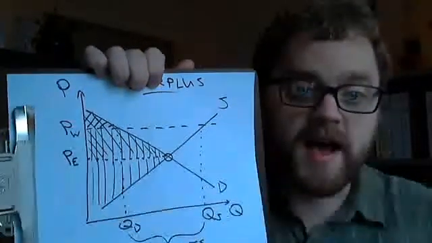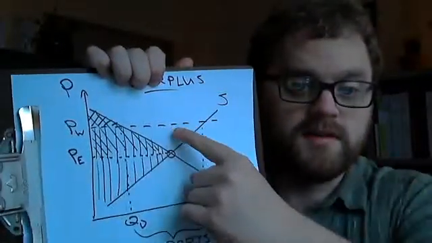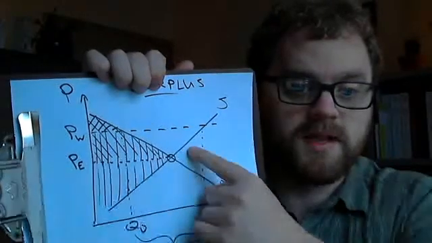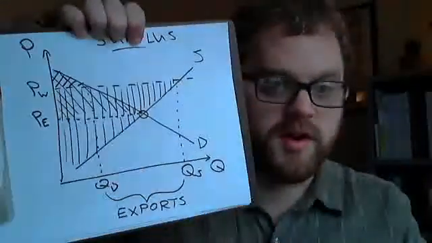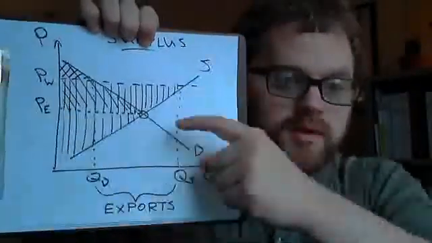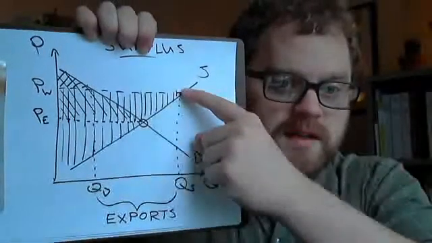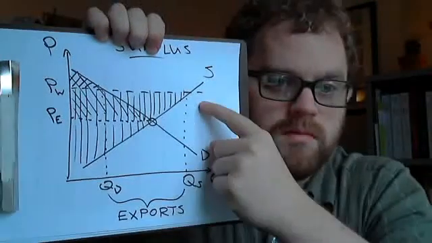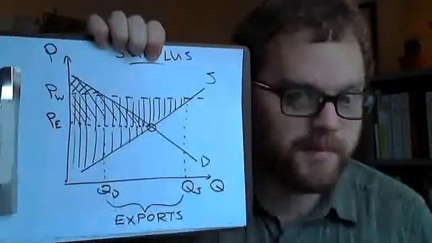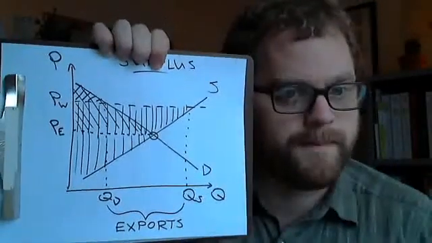That too is below the new price and above our supply curve, so that triangle too will be part of the producer surplus. With our new higher world price, producer surplus is this whole very large triangle with the vertical lines. You can see it clearly in your textbook as well.